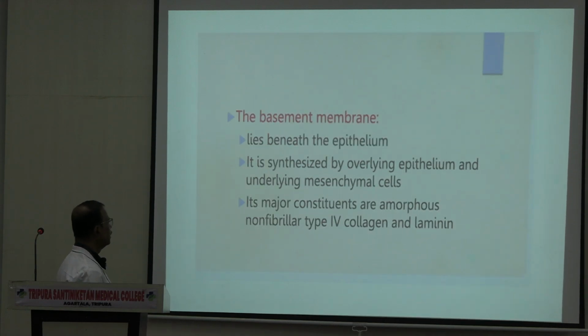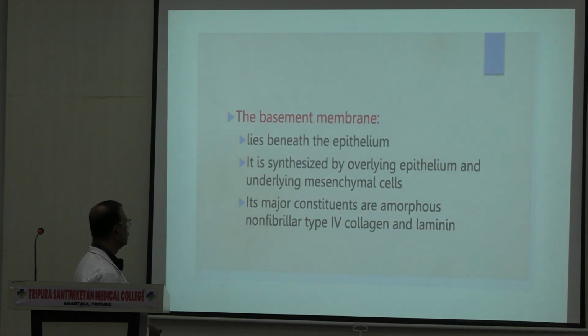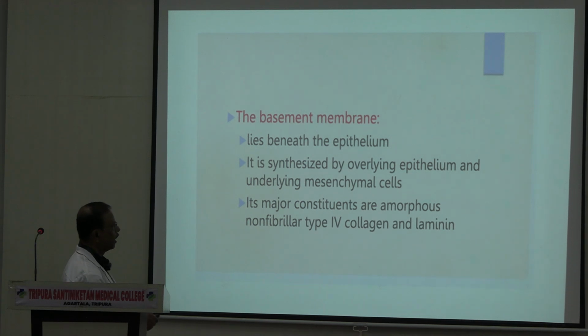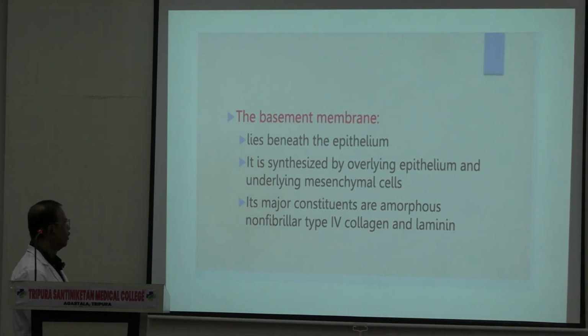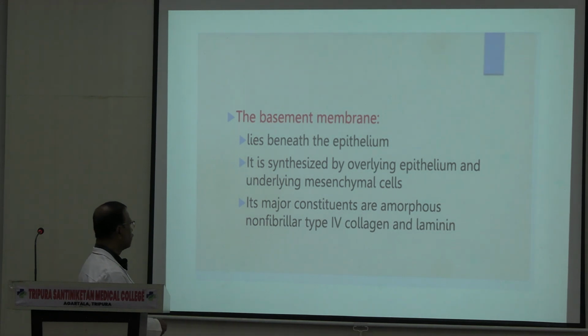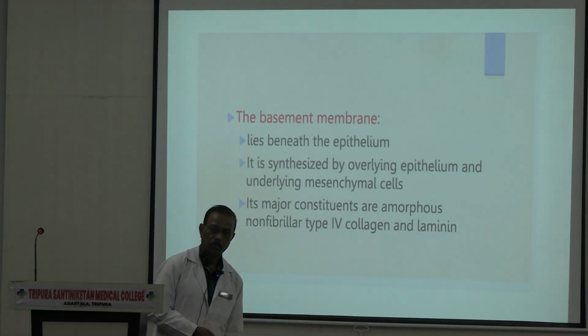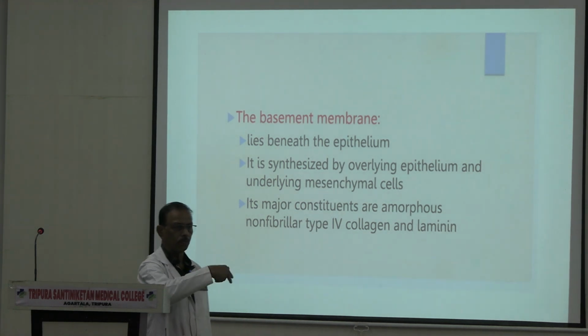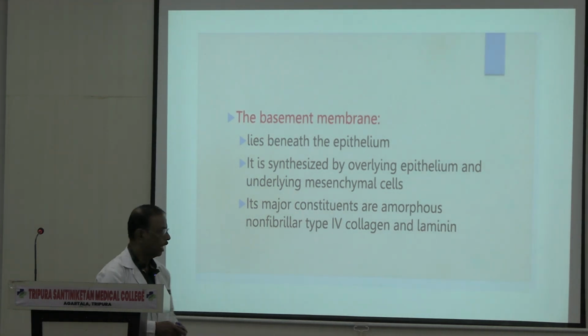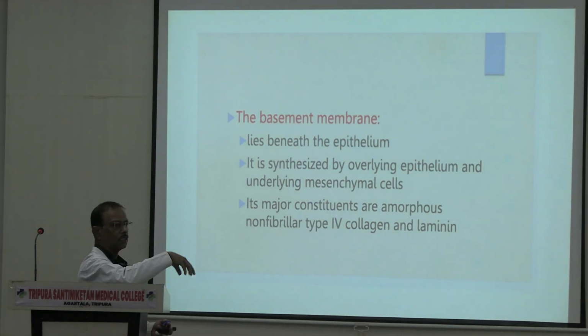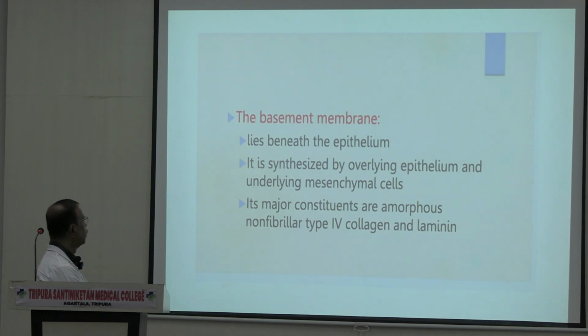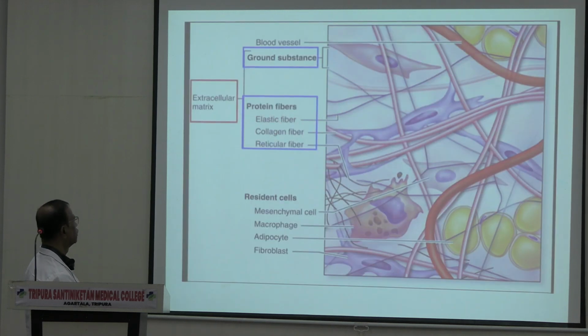Now, the basement membrane lies underneath the epithelium. It is synthesized by overlying epithelium and underlying mesenchymal cells. Major constituents are amorphous non-fibrillar type 4 collagen and laminin. Type 4 collagen forms a mesh-like structure, and there is laminin, and on that the cell rests.